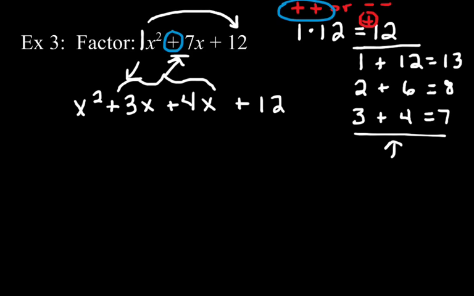Hopefully you notice now it looks like the ones we've been doing. Notice we have 4 terms, and we're going to factor. In our first term, we have a common factor of an x, and what's going to be left over is x plus 3.